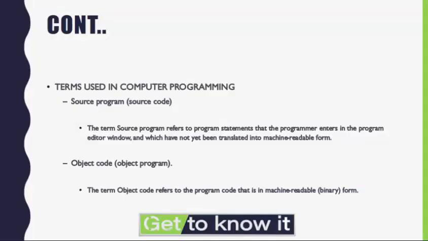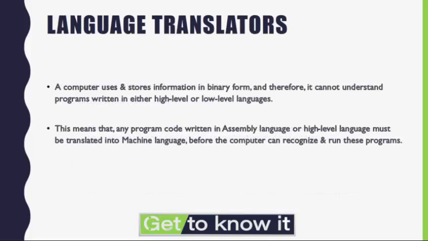As we'll be seeing later, a compiler or an assembler will simply be translating the source program, that is the program that you write in high-level language, into object code, that is a language that the computer can understand.